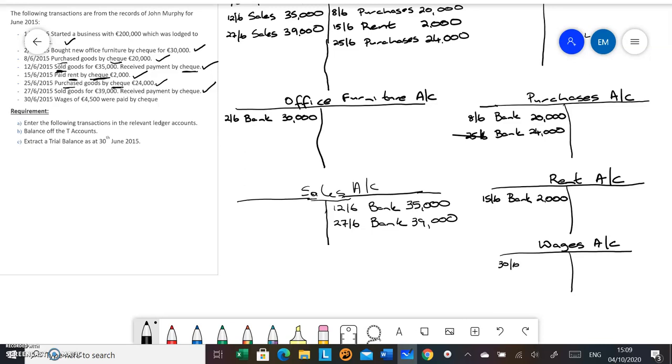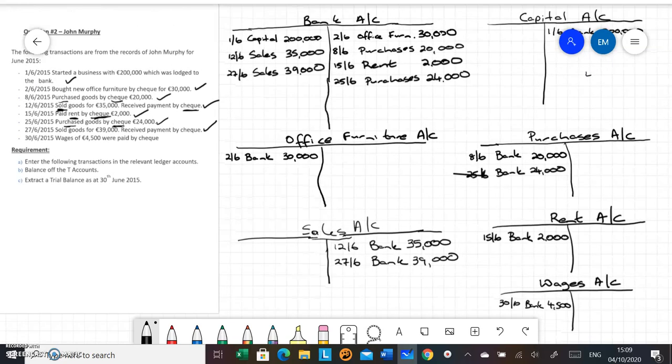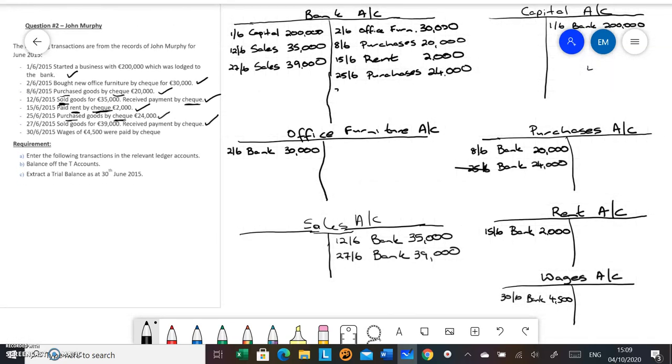So the 30th of the 6th is paid by check, which is your bank, €4,500. And again, the opposite side of that will be your bank balance. When you're crediting your bank balance, you're always reducing the amount that's available in it, wages, 4,500.